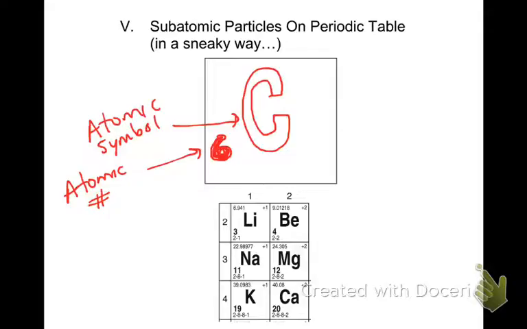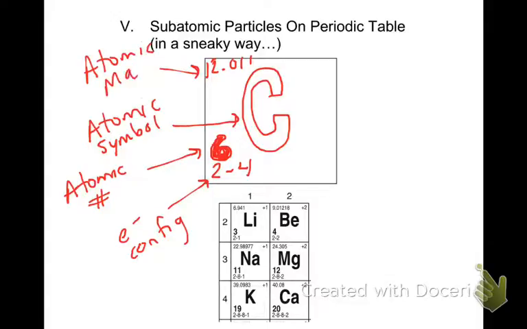We then have underneath the atomic number our electron configuration. So that tells us the total number of electrons that exist within an atom of that particular element. We also have the atomic mass up here, which is 12.011. That's a 12, by the way.